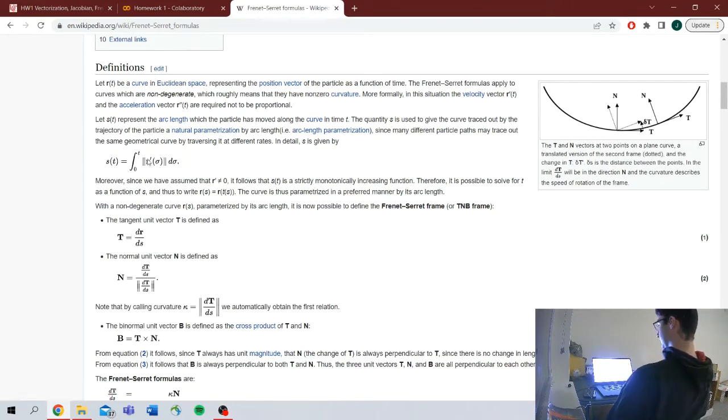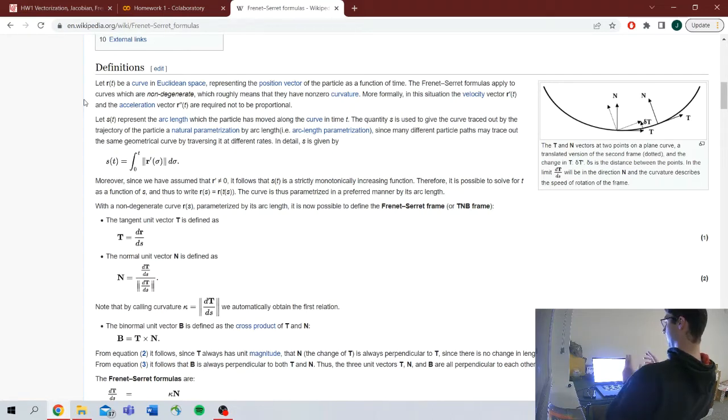All right, so then knowing ds/dt, we're also going to take dr/dt, so calculate the derivative of the curve itself with respect to time.